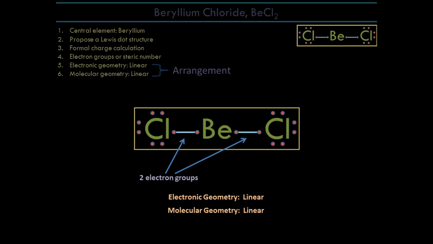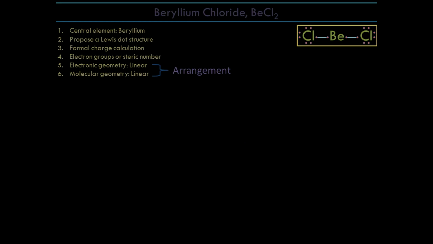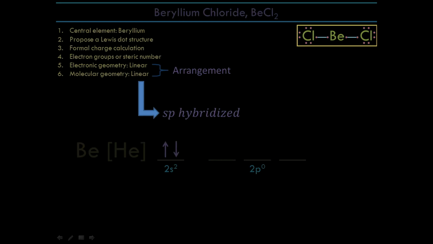Now let's focus on how bonding occurs for beryllium chloride. So if you check chemistry books, a linear molecular geometry is said to be sp hybridized for the central element. What is the meaning of sp hybridized? There you go. This is again the orbital notation shown earlier, the orbital notation for beryllium.